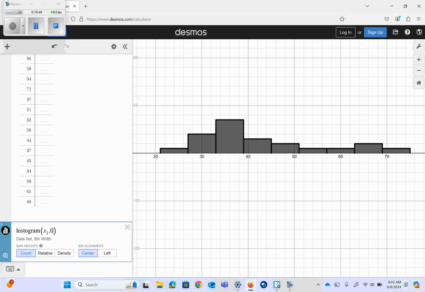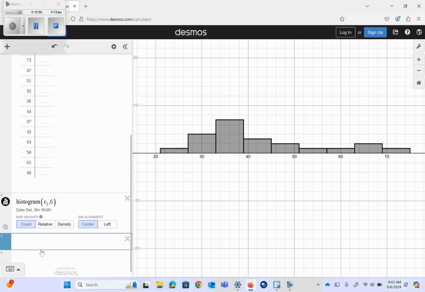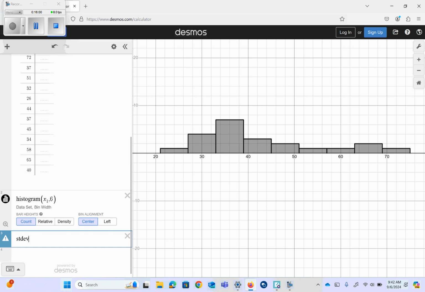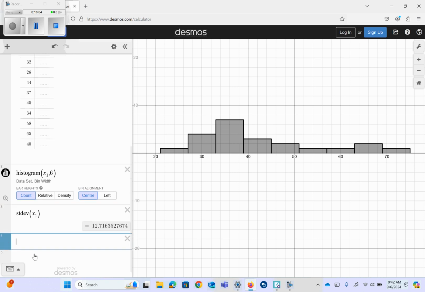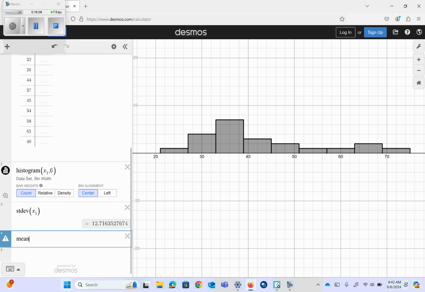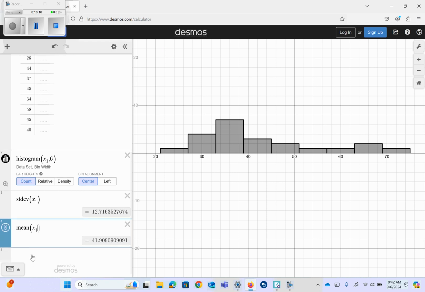And then it says, calculate the standard deviation. Well, we could do the long, drawn-out method, or we could just say, hey, Desmos, STDEV of x1. And just in case you weren't sure, by looking at it we'd see the mean and the median.